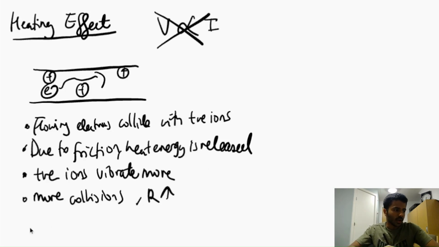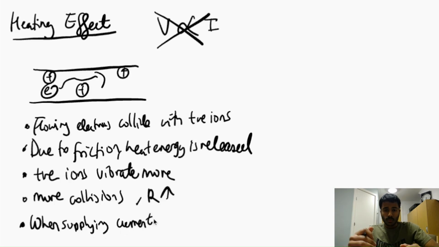Now if you're supplying a current, if you supply that current for a while, you're going to get electrons colliding with the positive ions and the positive ions vibrating more, and due to friction heat is released and the positive ions vibrate even more, and the resistance increases.